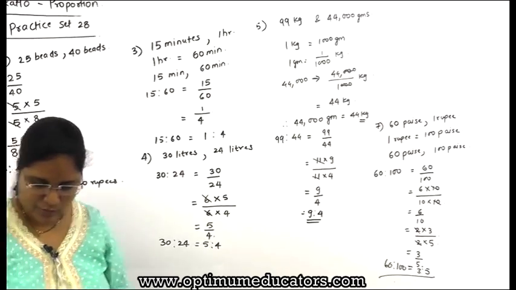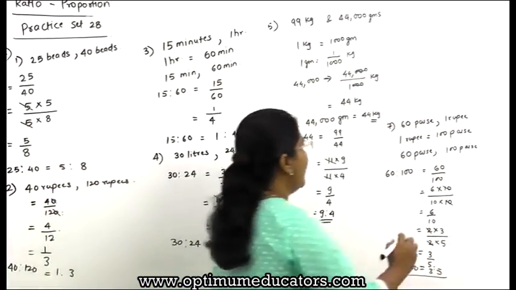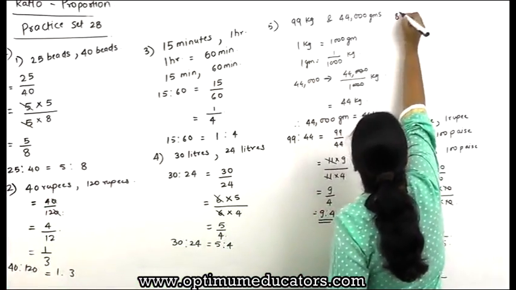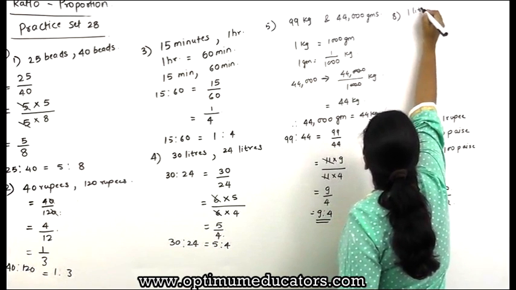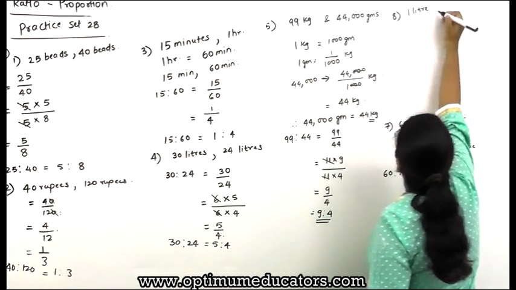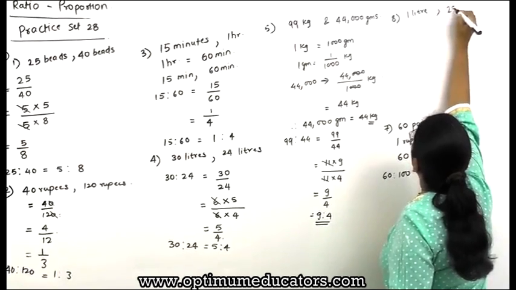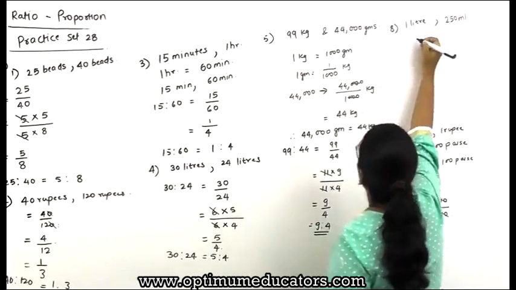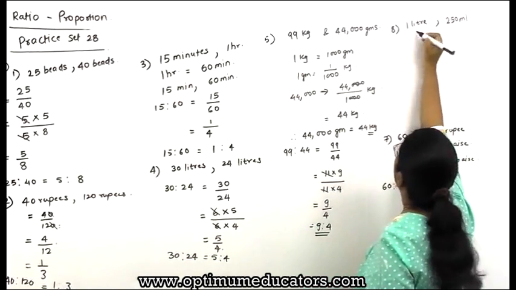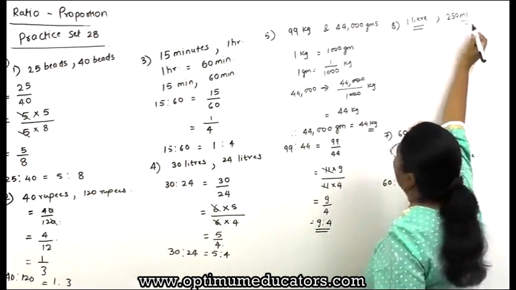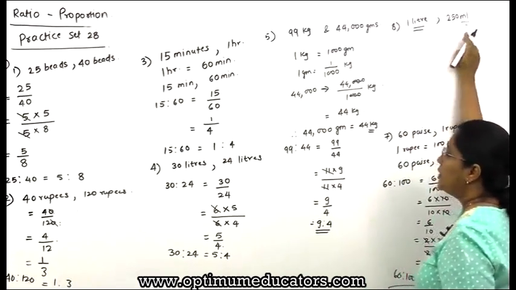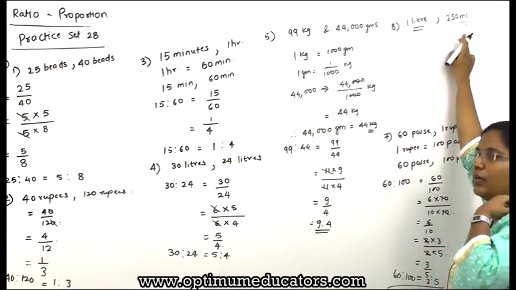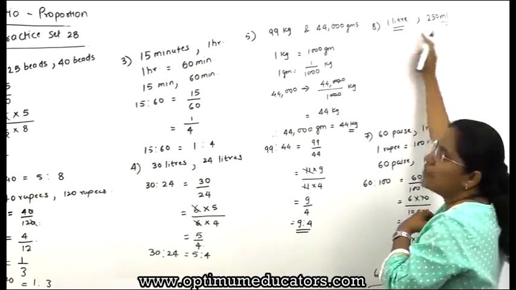Now next is 1 liter and 250 milliliters. The unit is not the same, one is in liters, another is in milliliters. So we will first have to convert it into the same unit.